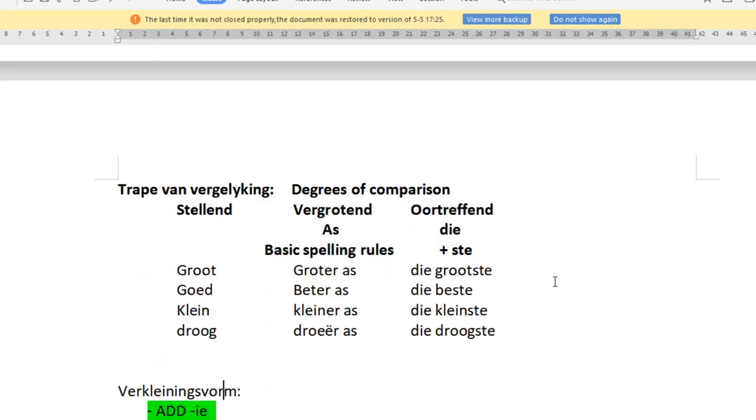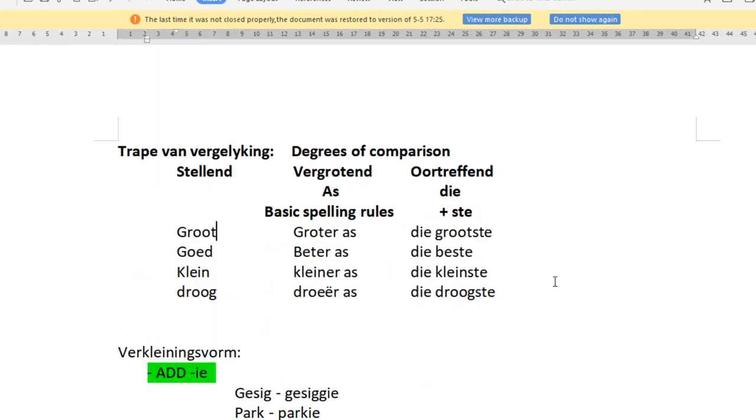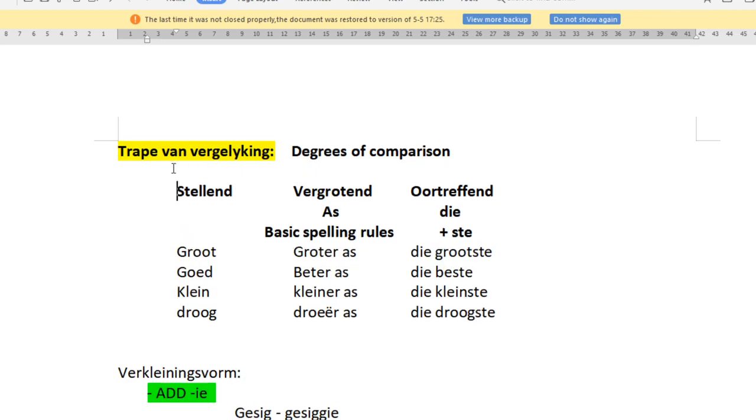Okay, kom ons kyk ook sommer gou. Let's have a look at trappe van vergelyking, degrees of comparison. So we've got 3 steps, 3 trappe. We've got stellend, so I already said just now, stel means state, so I'm just stating a word.